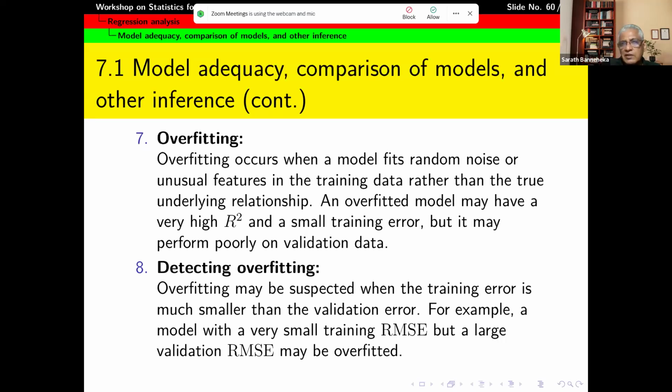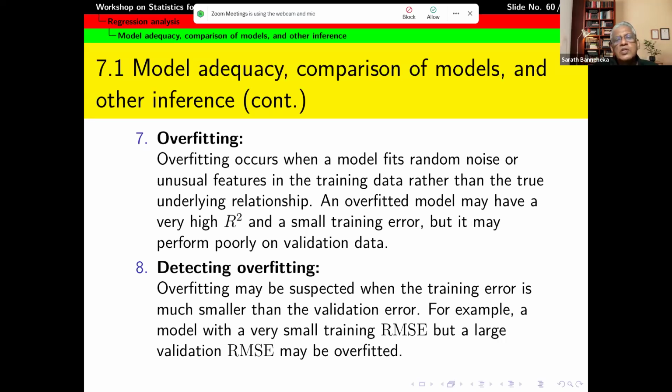That model is not good in general, in practical situations. For that training data set, that model is very good, but it's not going to be good in general if you apply that model to other data. So overfitting to a particular data set only is not a good thing.